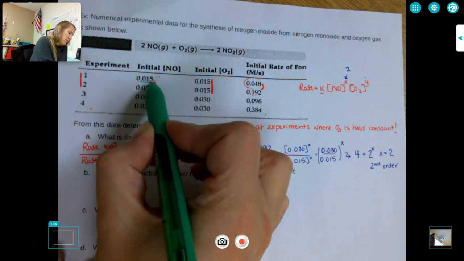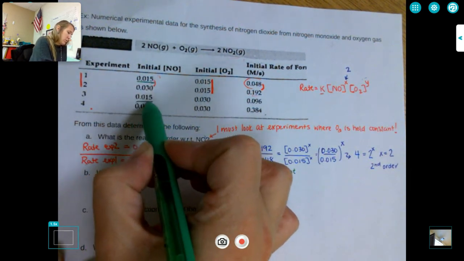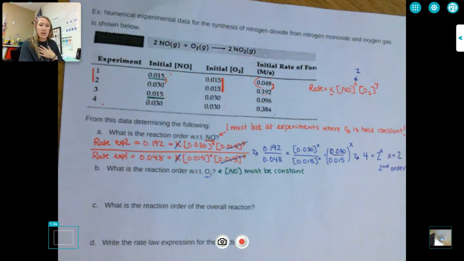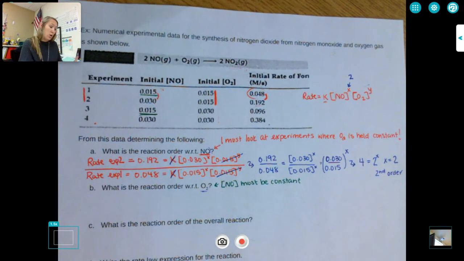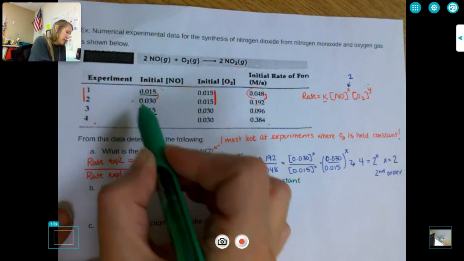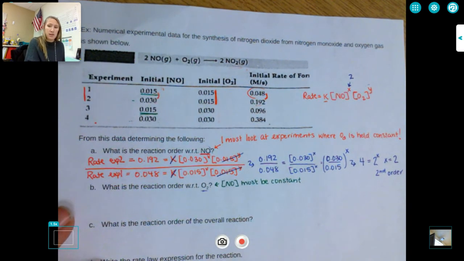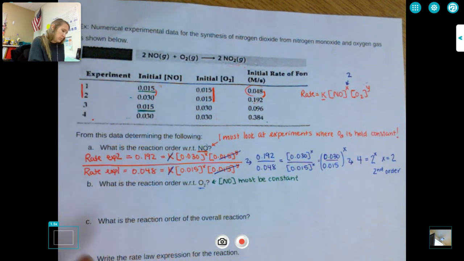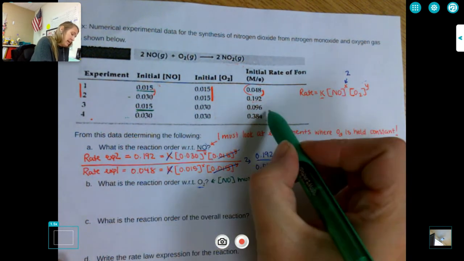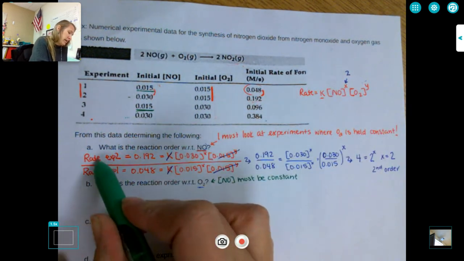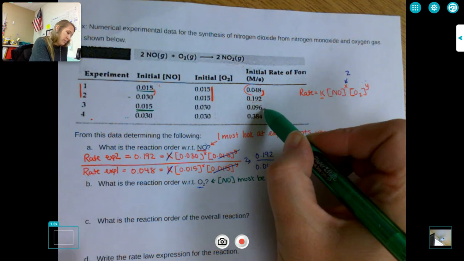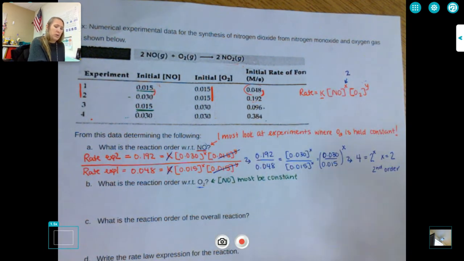I can see it's 0.015 in experiment 1. It's also 0.015 in experiment 3. So I'm going to look at experiment 1 and 3. You could also look at experiments 2 and 4 because nitrogen monoxide is constant there, and you would get the same answer. Again, I look to see which of my rates is bigger, and the rate for reaction 3 is bigger, so I'm going to put that one on top so I don't have to deal with fractions.